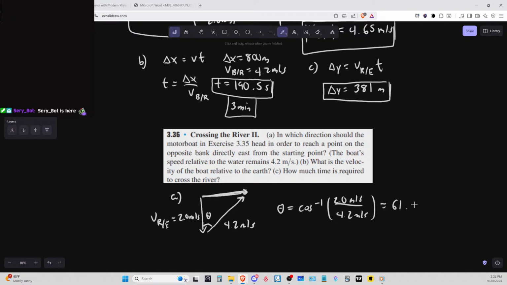So that's 61.6 degrees. So that means the boat has to travel northeast. It would have to go northeast by 61.6.